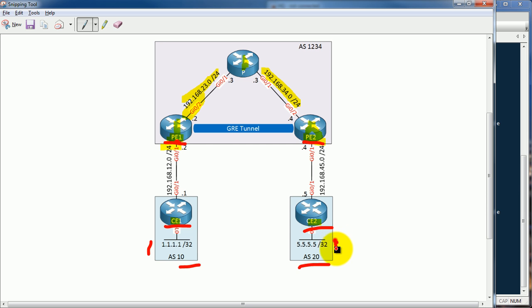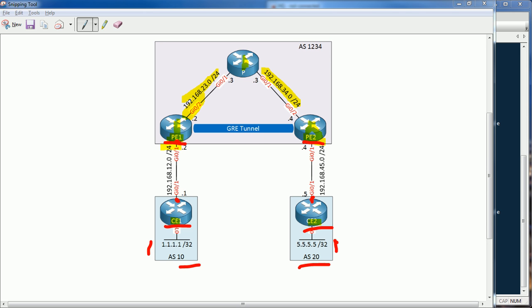On C2 do the same. And on PE1 we have to point the neighbor to this IP address, and P2 do the same thing, pointing to .5, and that will take care of eBGP.